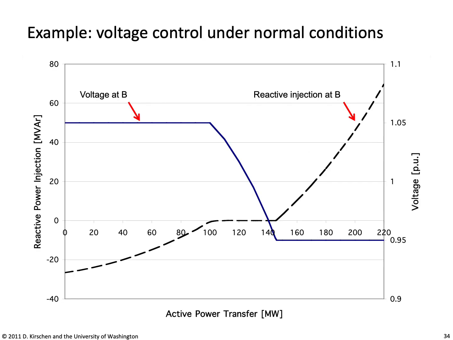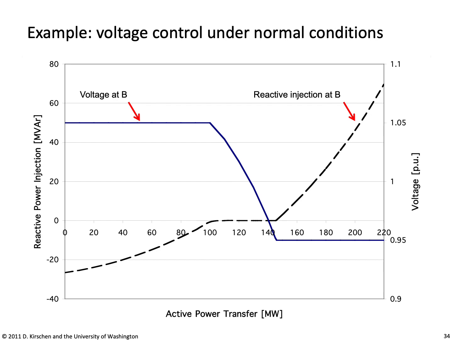And the results are shown on this slide. These results are obtained by running power flow calculations for various values of the power transferred from A to B. On the vertical axis on the left, we have the reactive power injected at B, and on the right, we have the voltage at B. Now we can see that for low values of the active power transfer from A to B, the Ferranti effect, due to the shunt susceptance of the lines, makes the voltage at B high.